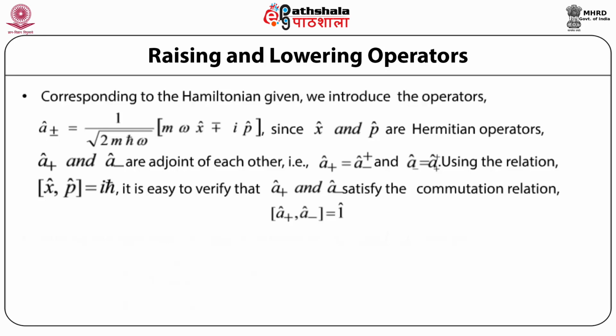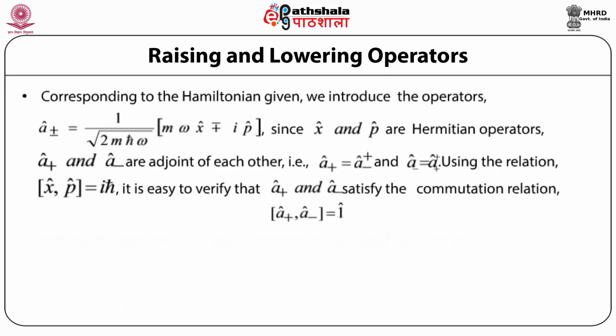Now, using the commutation relation between the position and the momentum operator, which gives us iota times h cross, where h cross is equal to h by 2 pi and h is the Planck's constant.